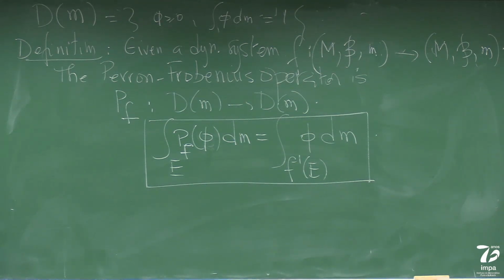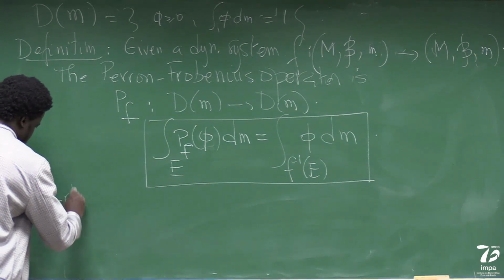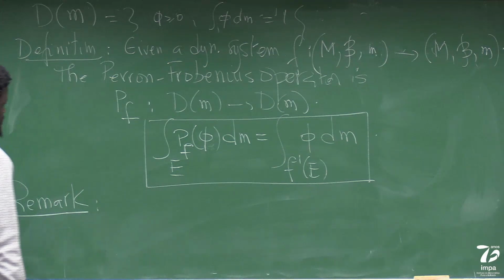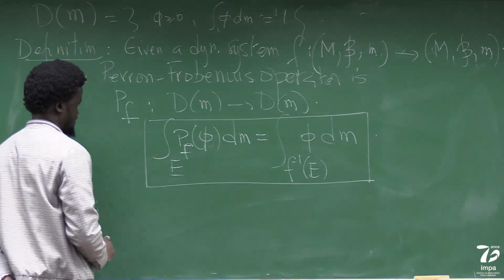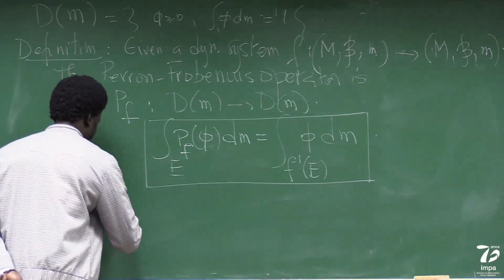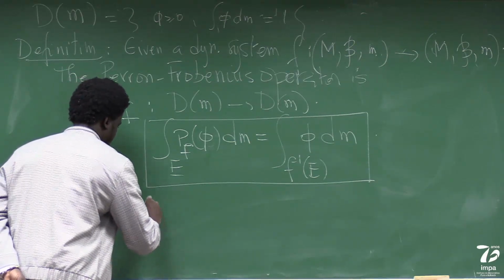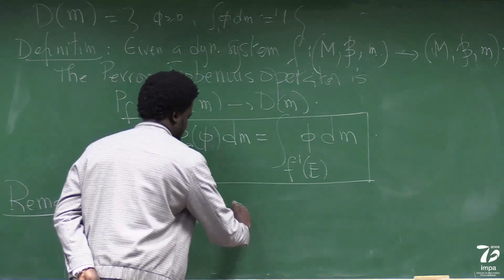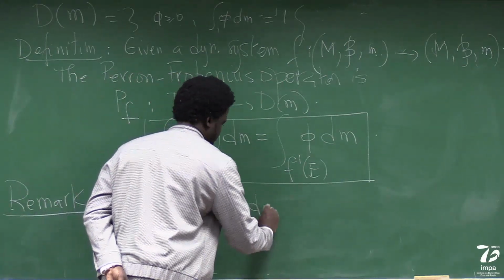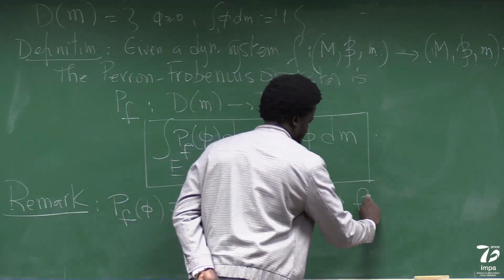So, a remark: if you have a fixed point of this, it defines an invariant measure. So PF φ = φ implies that dμ = φ dm is f-invariant.